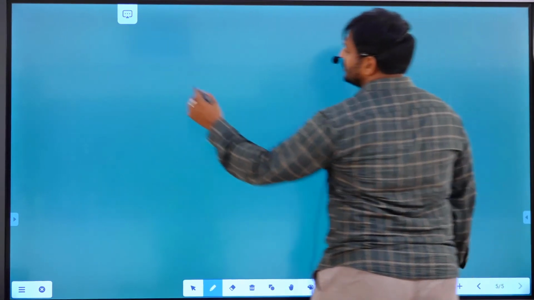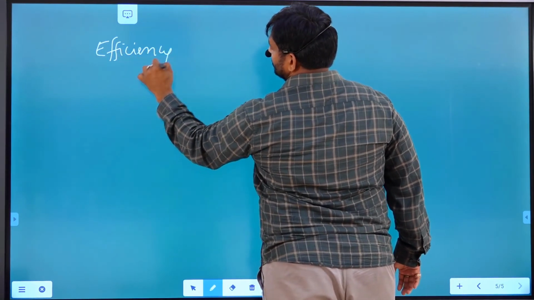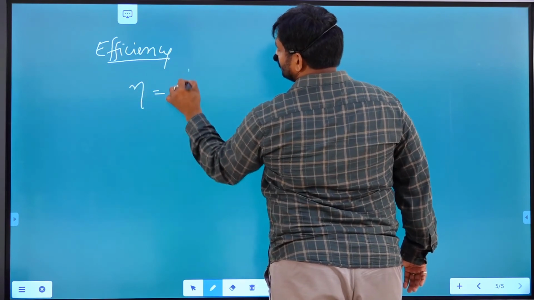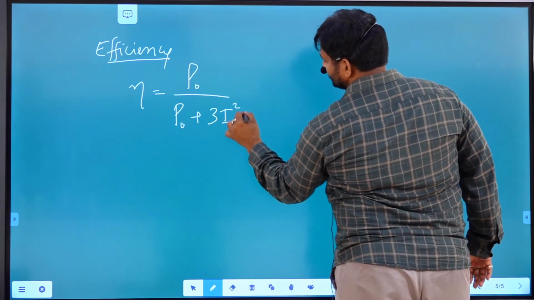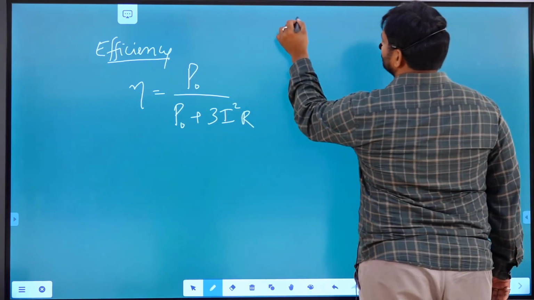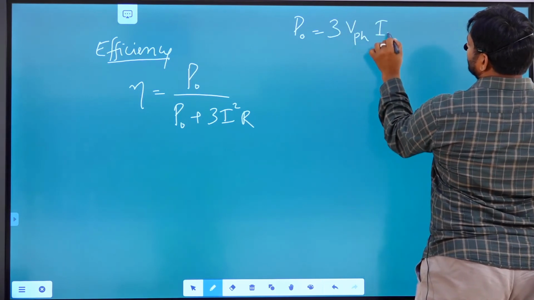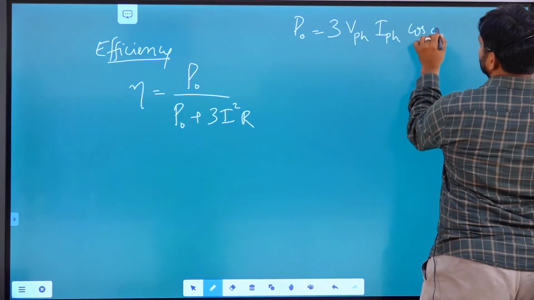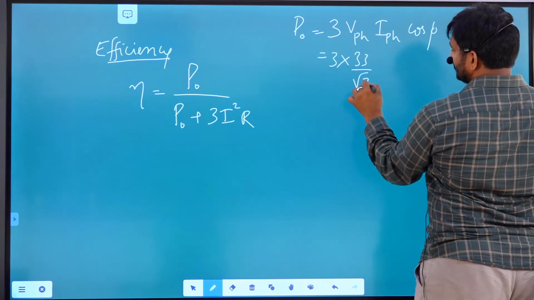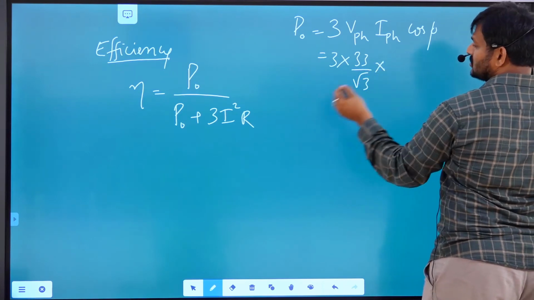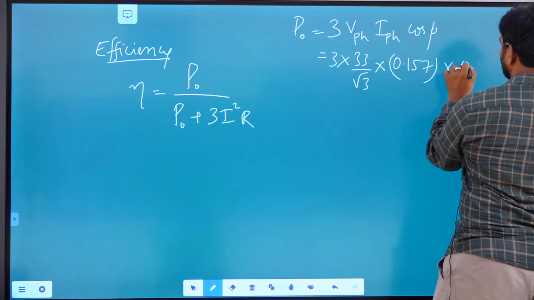Next we have to calculate efficiency. What is efficiency? Output power by output power plus losses. First we need the output power. Output power P0 is equal to 3 into V phase I phase cos phi, that is 3 into 33 by root 3 into I, which we got as 0.157 kilo amperes, into 0.8.